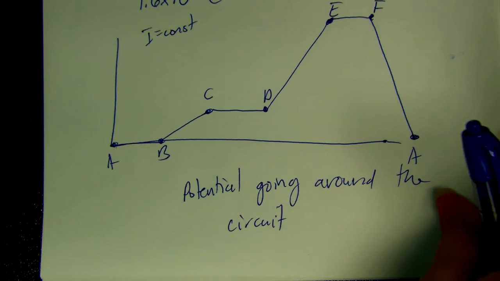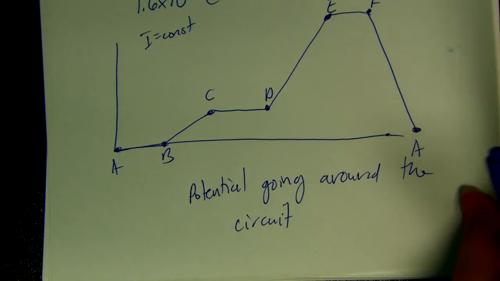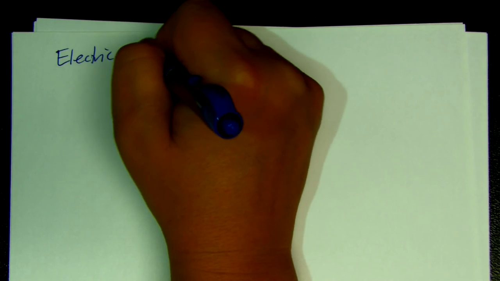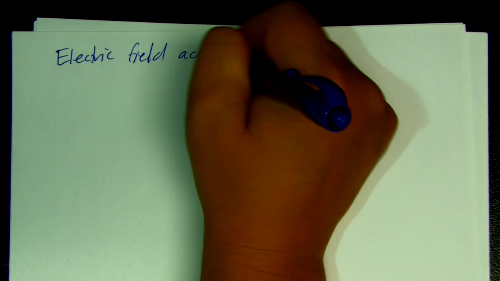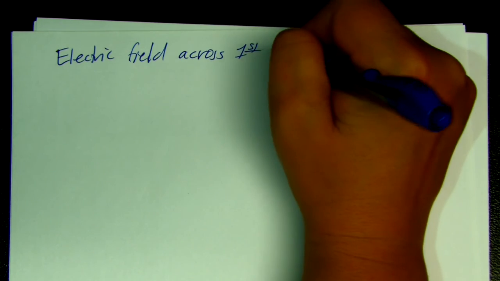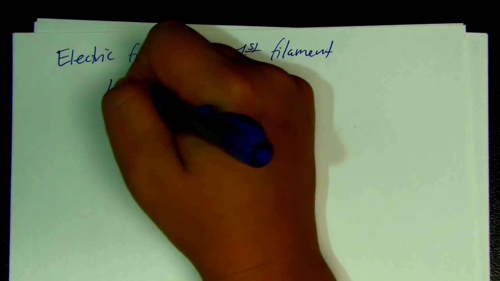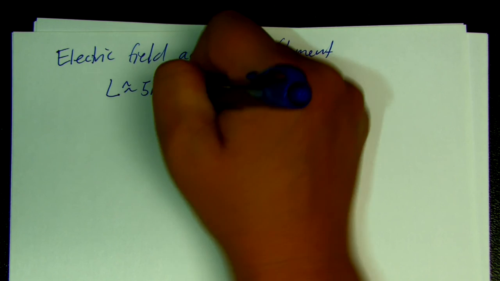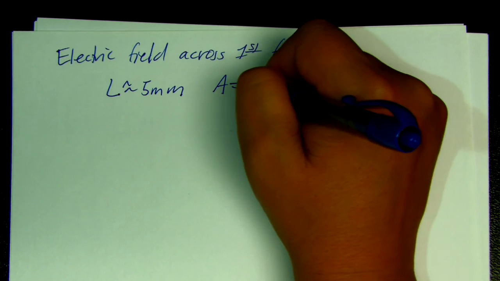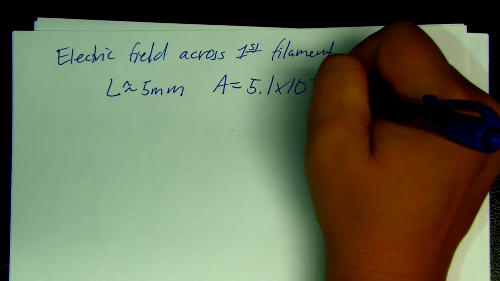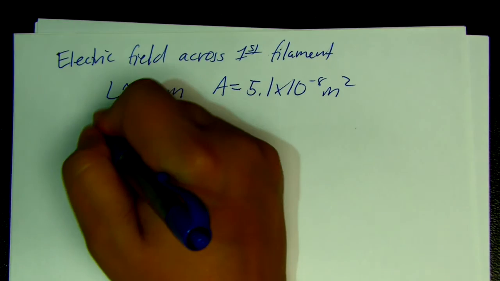All right, so next up, let's calculate the electric field across the first filament. Okay, so for this, you need a few more values. So let's say the length is approximately 5 millimeters, and the cross-sectional area is approximately 5.1 times 10 to the minus 8 meters squared.